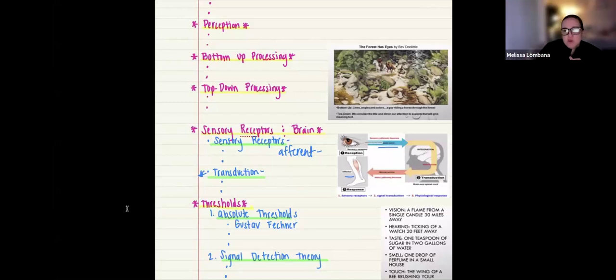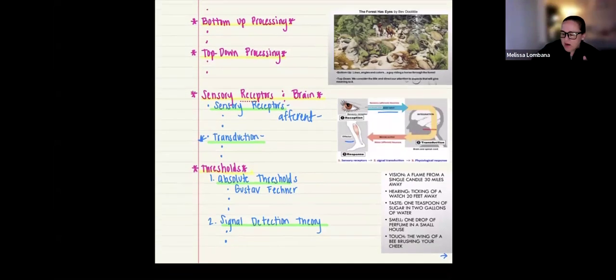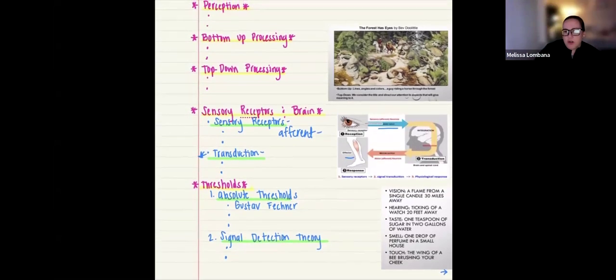Now, what you need to know is where it happens in each of our senses. Once it turns into neural energy, that's when it's sent to the brain. Okay, so that's transduction.